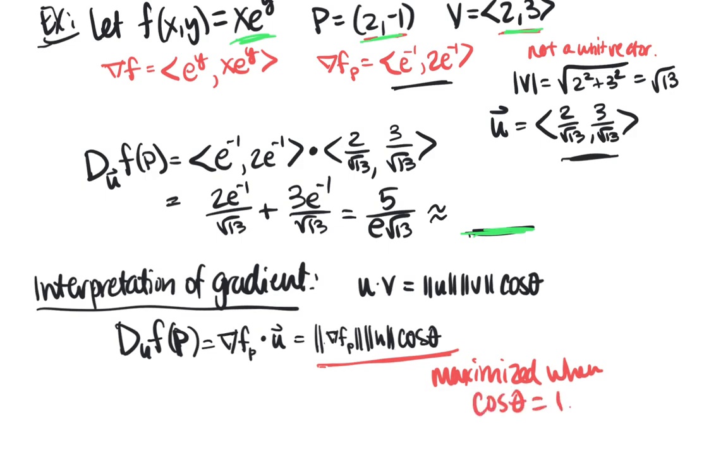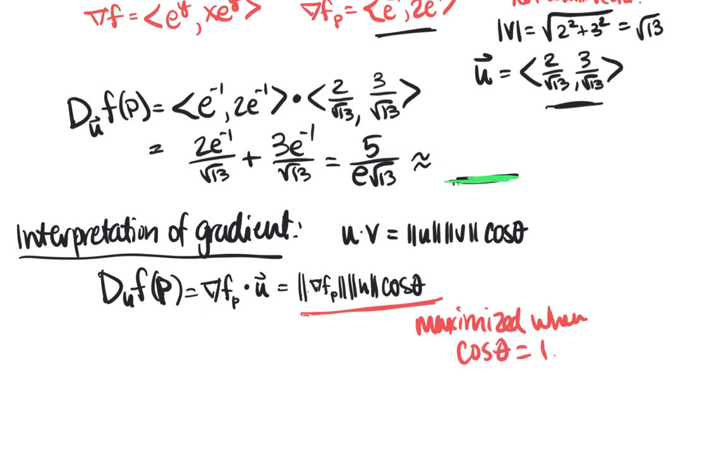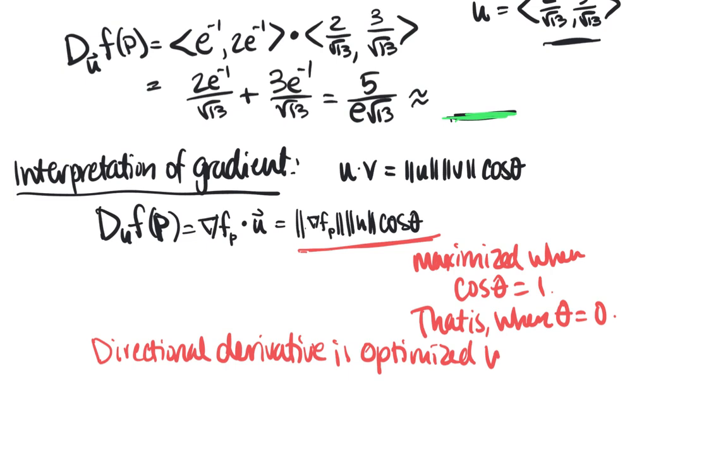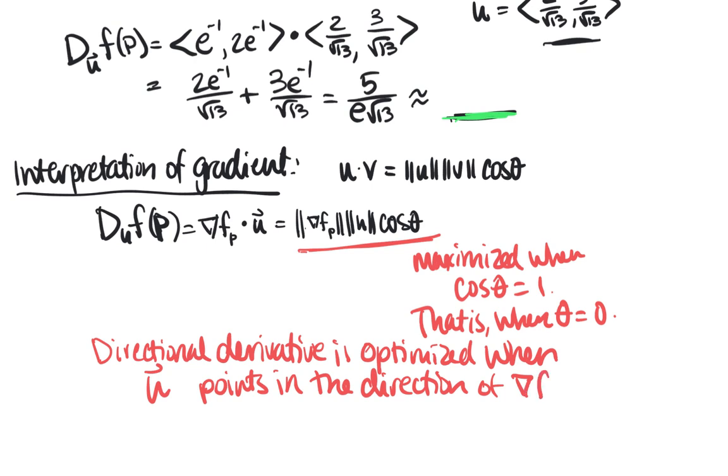Well, when is that? Cosine theta is equal to 1 when theta is 0. So what that's saying is that the directional derivative is optimized when that unit vector points in the direction of the gradient of f.